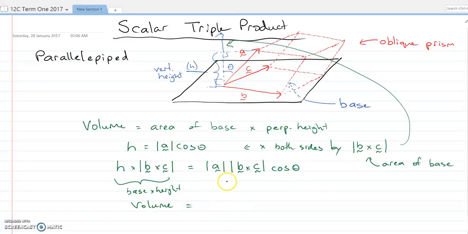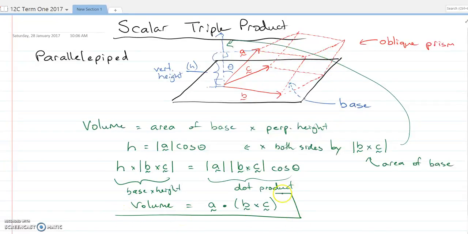On the right, if you look here, this is the dot product formula, and it's the dot product of A with the vector B times C. Okay, so the volume of this parallelepiped has this very nice formula, and that is it.